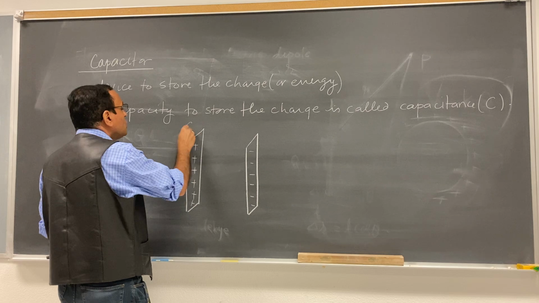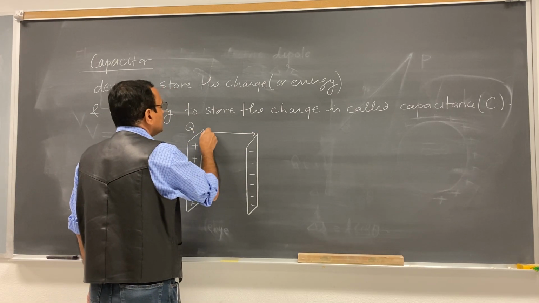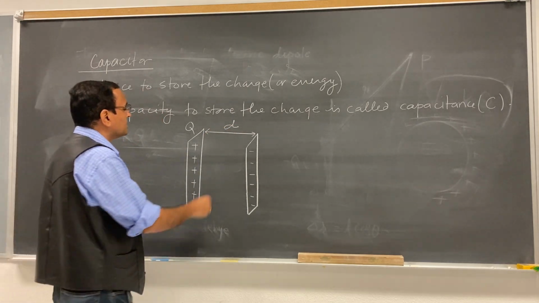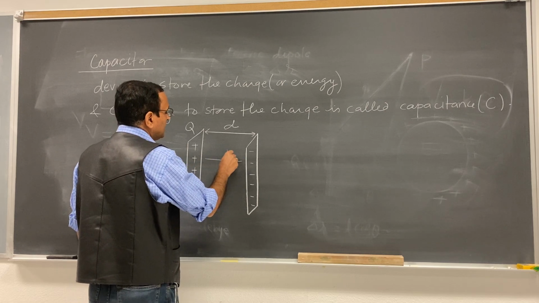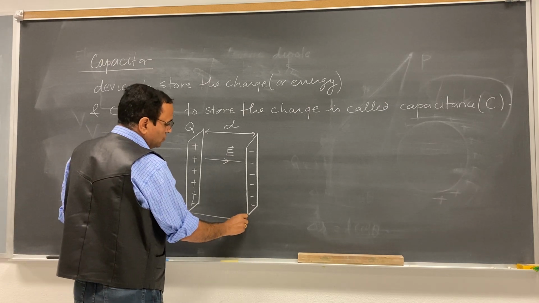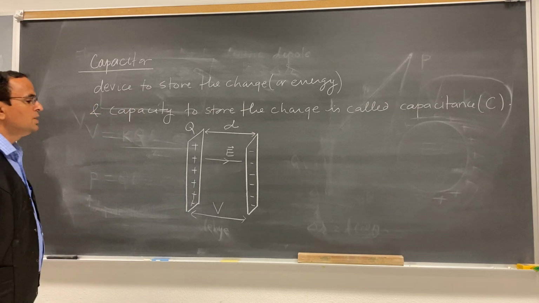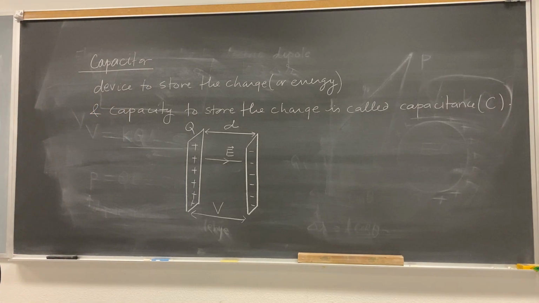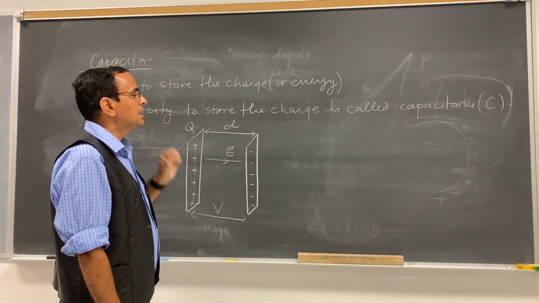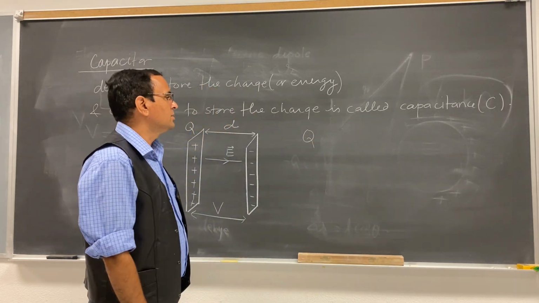Let's say the charge is Q, and the distance between the plates is D. The electric field is always from positive to negative charge, so this is its direction. Let the potential difference between these two plates be V. This Q is the charge stored in the capacitor.